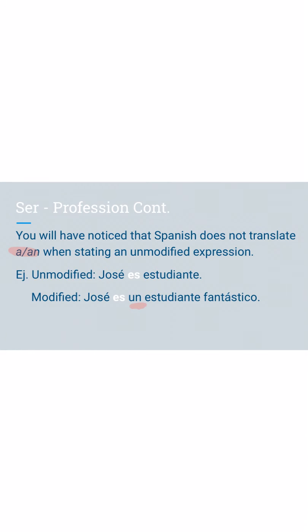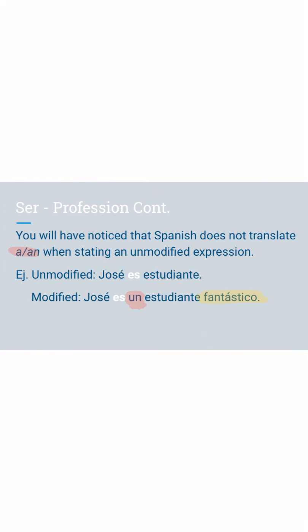And the reason why is the only time that we use this un or this a/an in front of a profession is if we are, you got it, describing the type of professional we are. In this case, I'm saying Jose is not just a student, no es estudiante, but Jose es un estudiante fantástico.